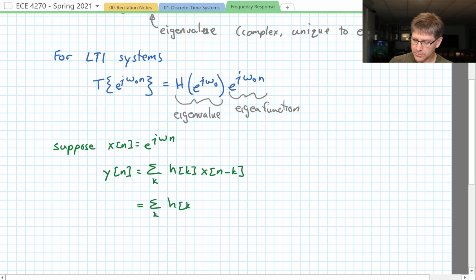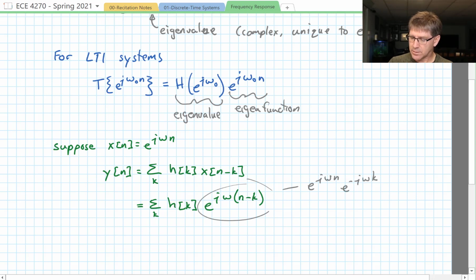In particular, h[k] times e^(jω(n-k)). Well, this term right here is the same as e^(jωn) times e^(-jωk). So using that substitution and factoring out the e^(jωn) from our summation, because it's not a function of k, gives us the sum of h[k] e^(-jωk).